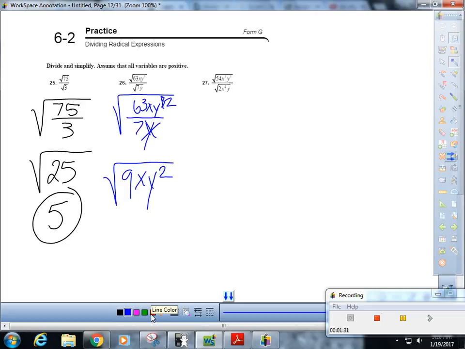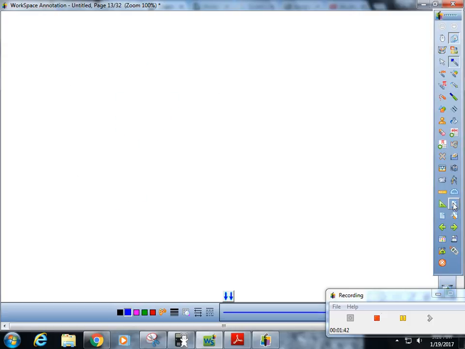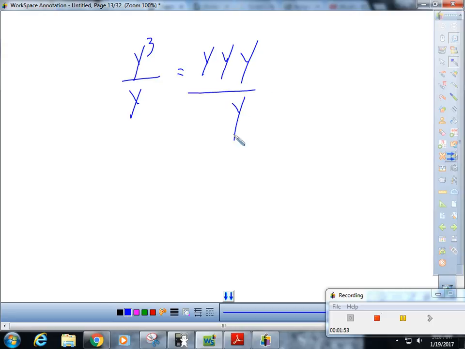Alex, did I mess something up? No, but I was just confused about how I got 3 to 2 by subtracting them. Good question. So when you have y cubed over y, y cubed is y times y times y, and y divided by y is 1, and that leaves you with y squared remaining.